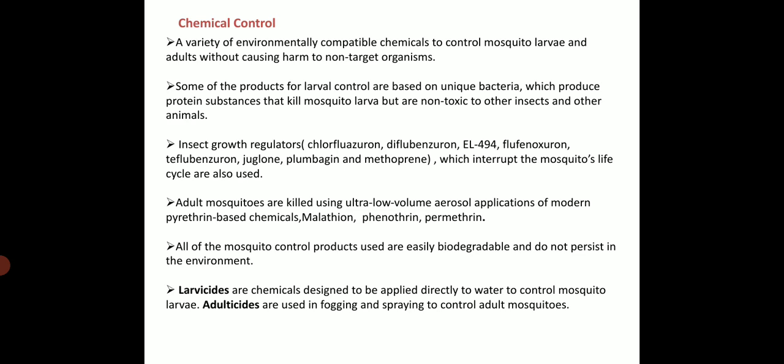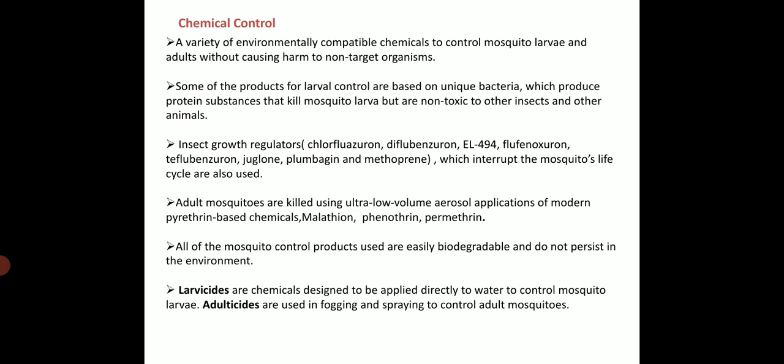Insect growth regulators, that is IGRs, for example chlorfluazuron, diflubenzuron, flufenoxuron, teflubenzuron, and methoprene, which interrupt the mosquito's life cycle, are also used.